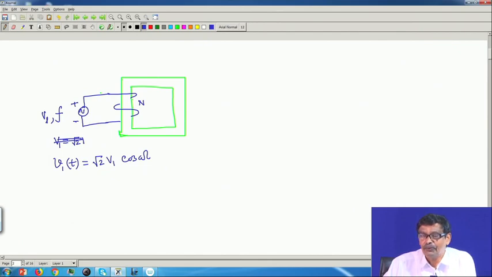I mean, we do not start by first calculating current, then calculating MMF, then dividing that MMF by reluctance to get the flux.